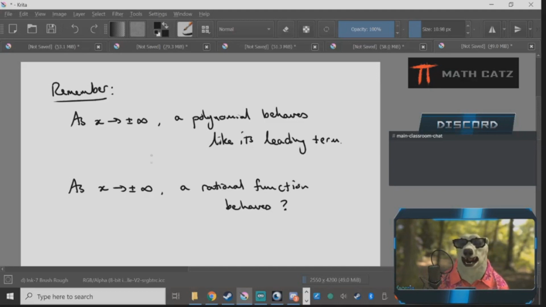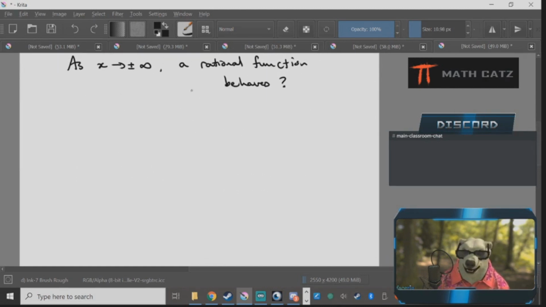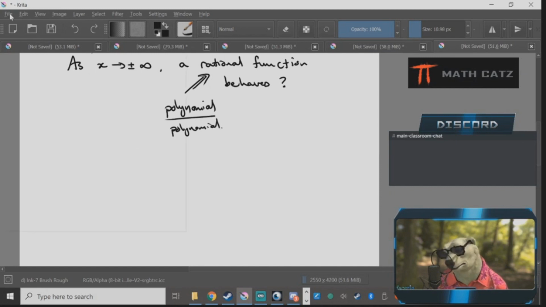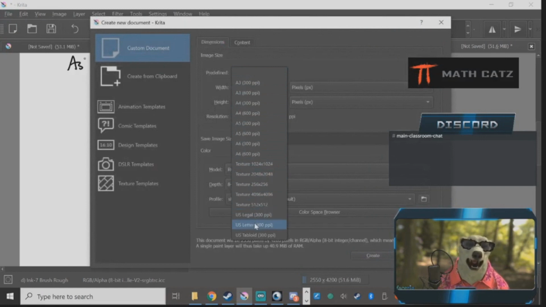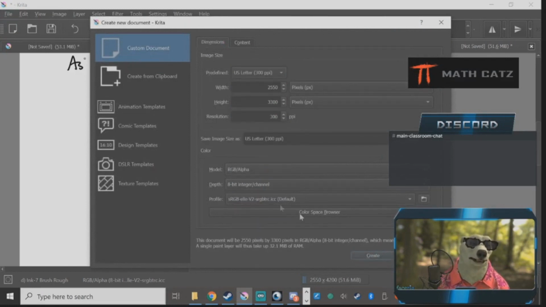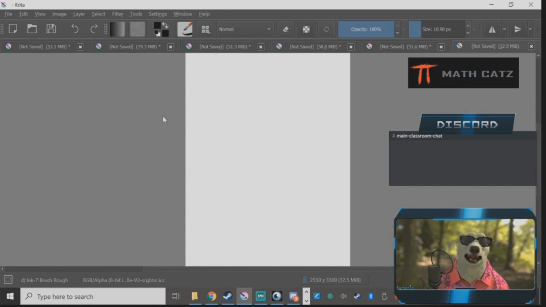Because a rational function is just made up of a couple of polynomials. The news is pretty good because it's polynomial over polynomial. So let's just do a couple of problems and then we see it's actually quite straightforward. But there are more things that could happen as an answer, but it's not complicated to look at because I'm building on my knowledge of polynomials.